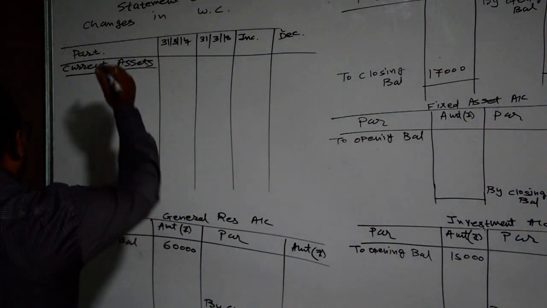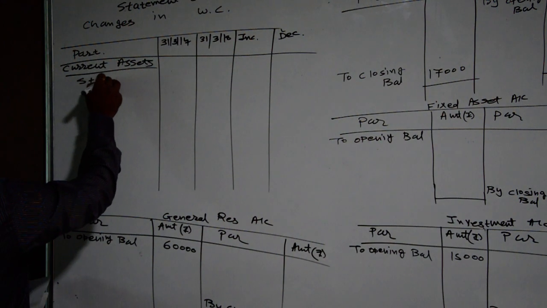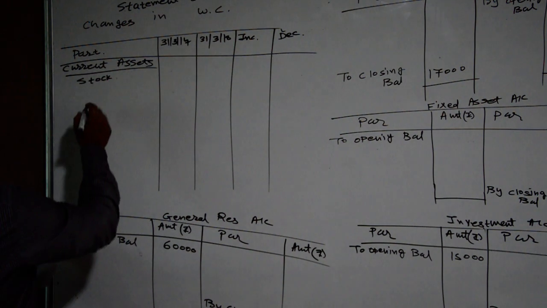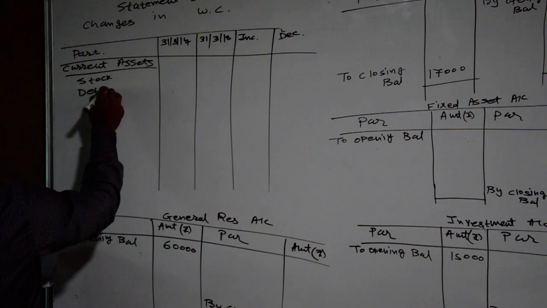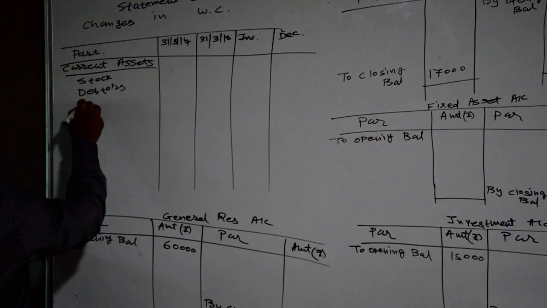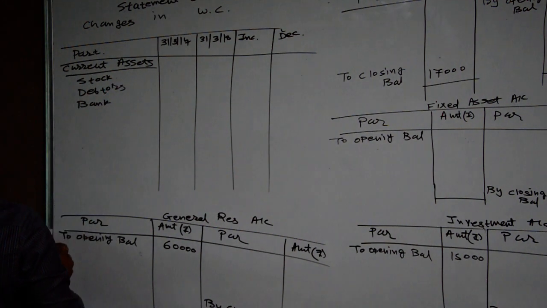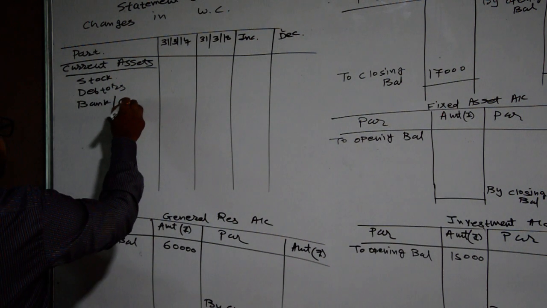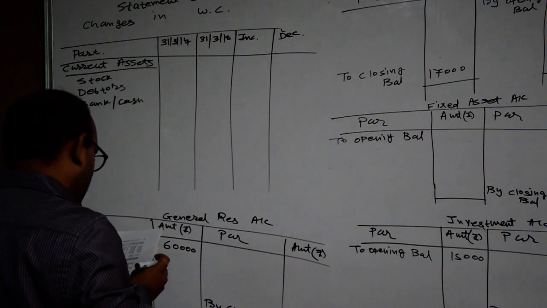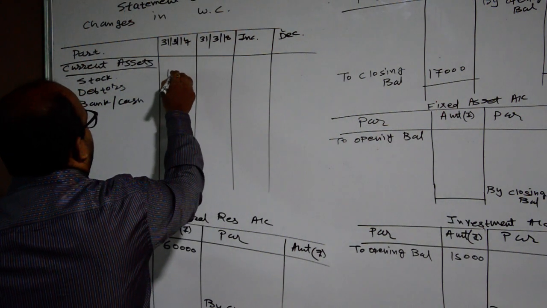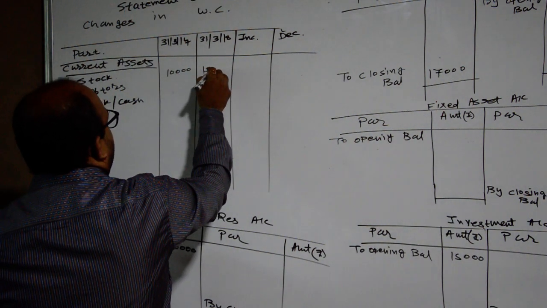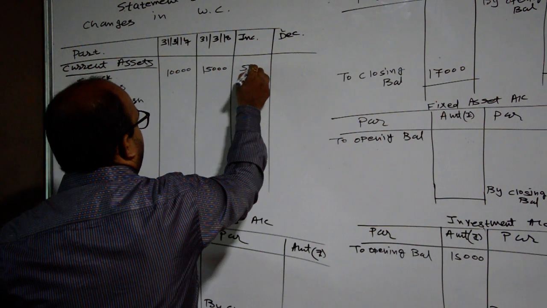Stock first, then debtors and cash and bank. Stock amounts to rupees 10,000 and 15,000, so there is an increase of rupees 5,000.